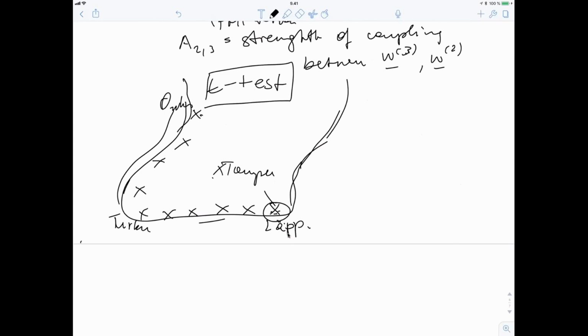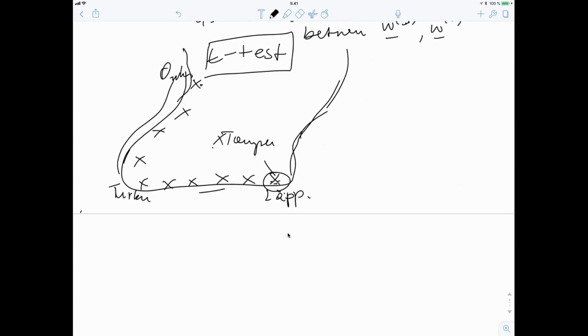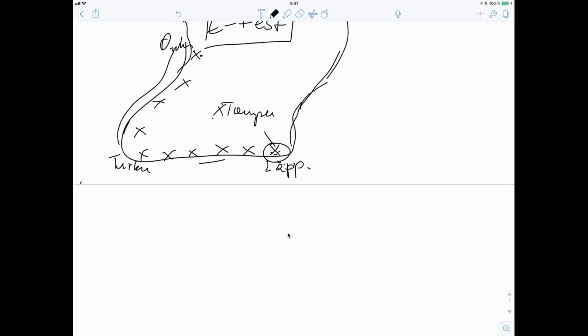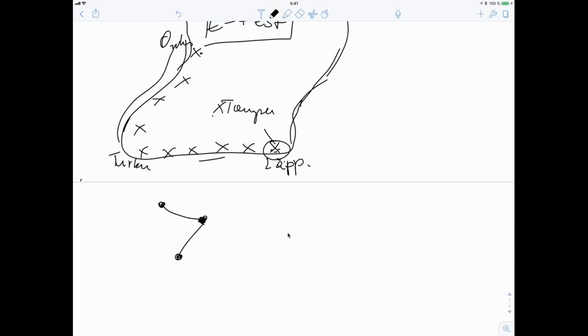Now we need to develop a bit more mathematics. So if we look at an empirical graph, we want to somehow characterize the connectivity, for example whether node i equals 1 and node i equals 3 are strongly connected.